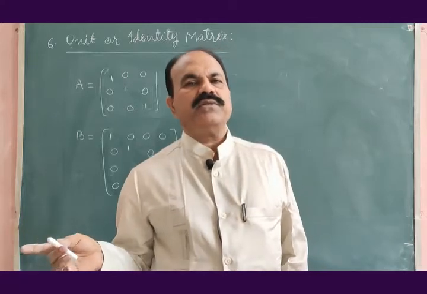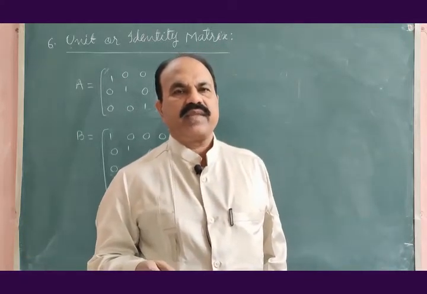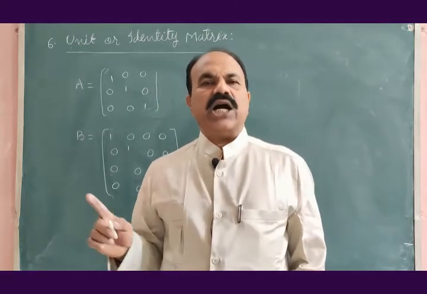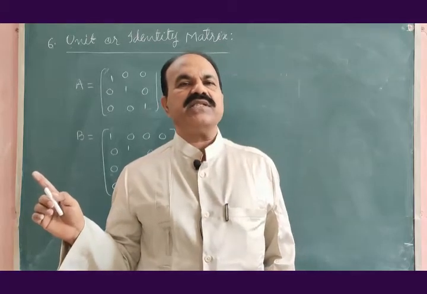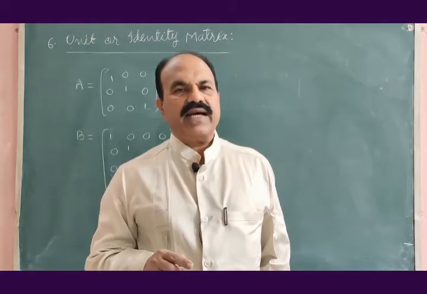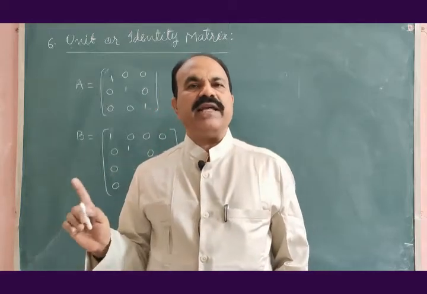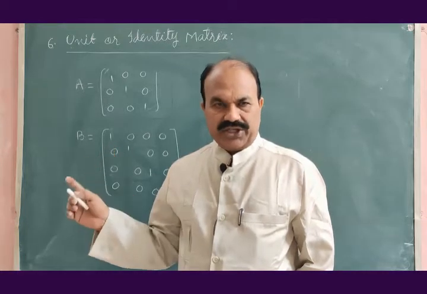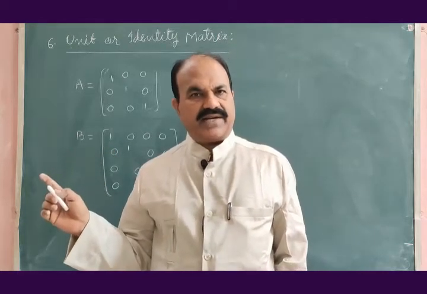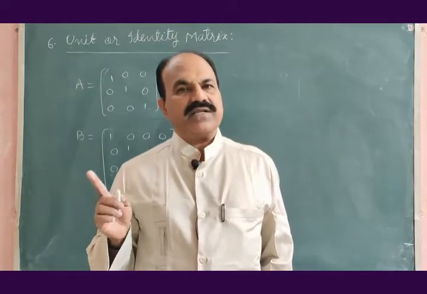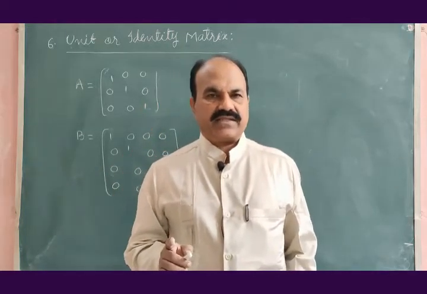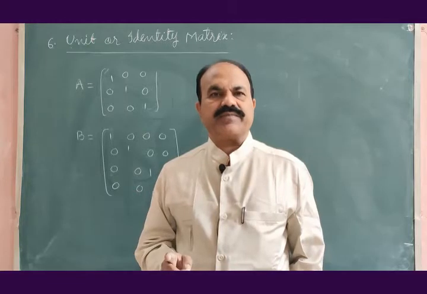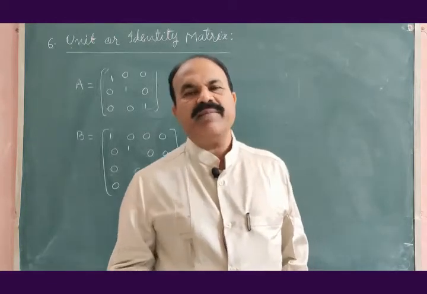Unit matrix or identity matrix is a square matrix such that all diagonal elements are unity and non-diagonal elements are 0. Its diagonal elements are unity and non-diagonal elements are 0.